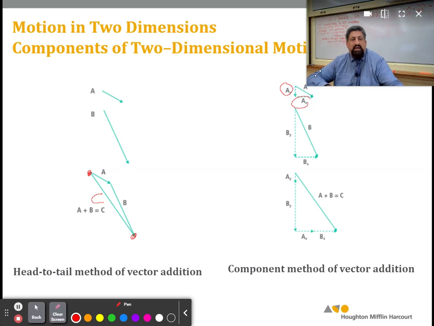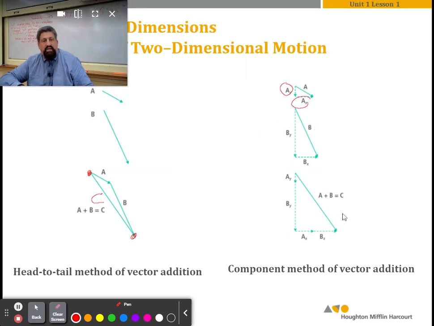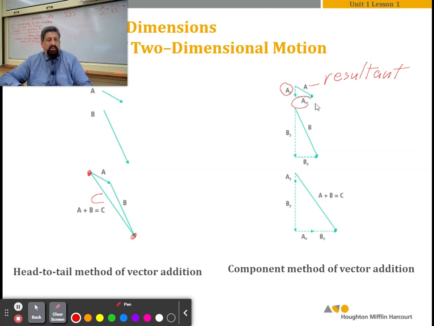This is vector A. Vector A is pointing at a diagonal, and it can be the resultant of a vertical vector A sub y and a horizontal vector A sub x.